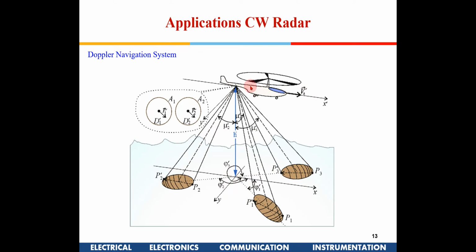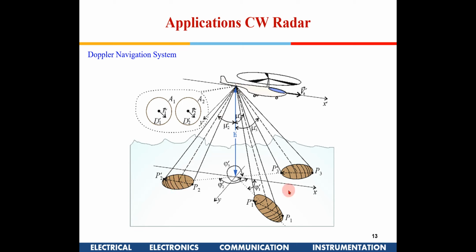Because the aircraft axis is also known. The aircraft axis also should be known, because the aircraft can be slightly pitching down or pitching up, or it could be rolling towards the left, so that information also is given to the processor.